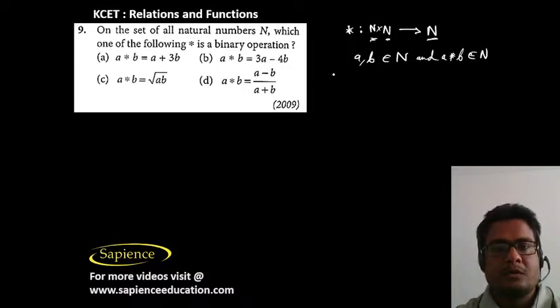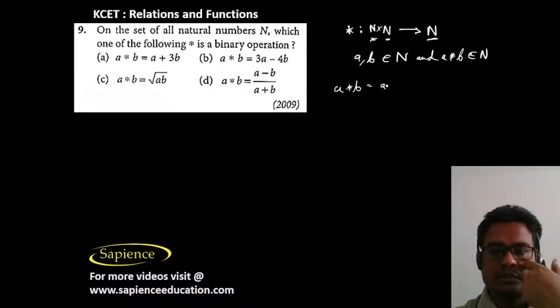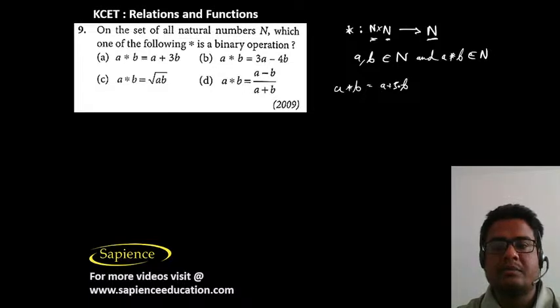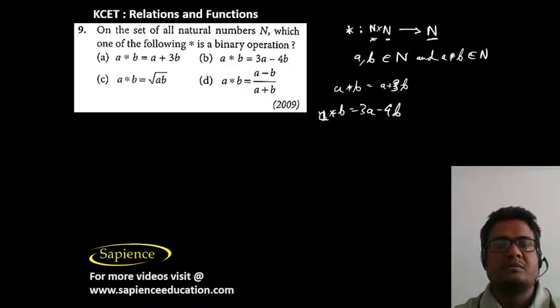Okay, so then here the first option, a star b equal to a plus 3b. It means that if a and b belong to N, then a plus 3b also will be a natural number. But in the second case, a star b is given as 3a minus 4b. So this may not be a binary operation.